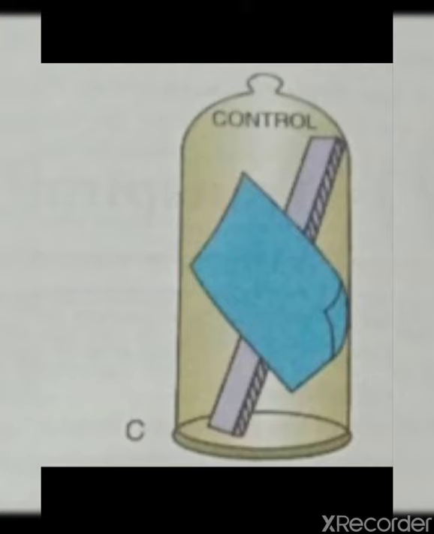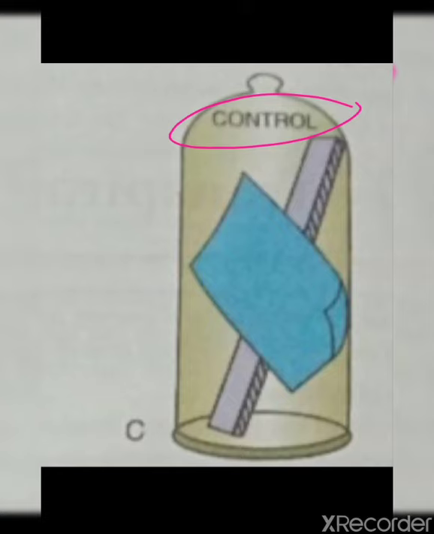The third bell jar in this experiment is a control setup, which proves that there is no moisture in the air due to transpiration, as there was no plant in it.